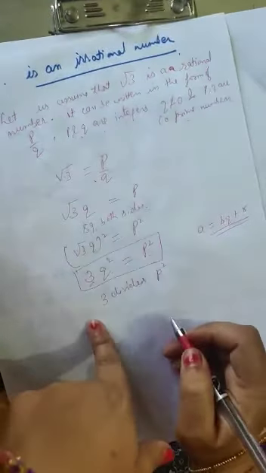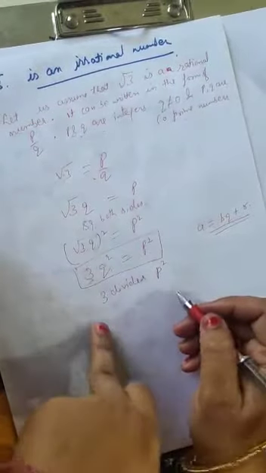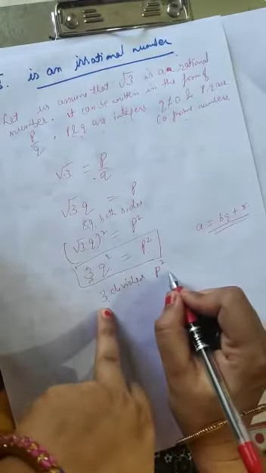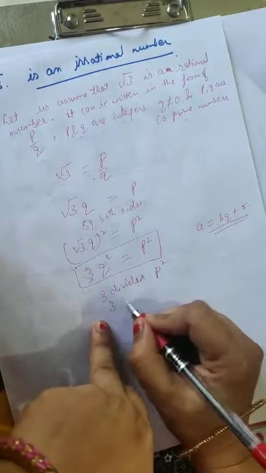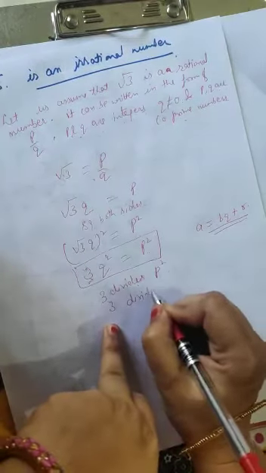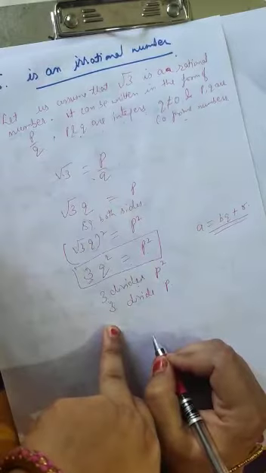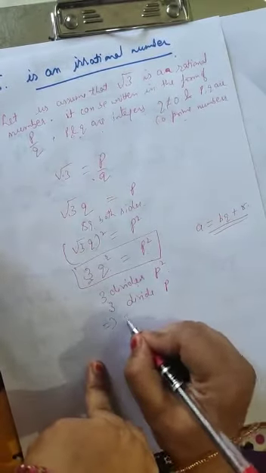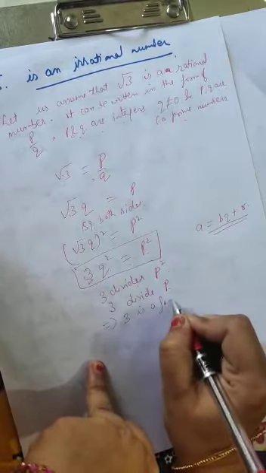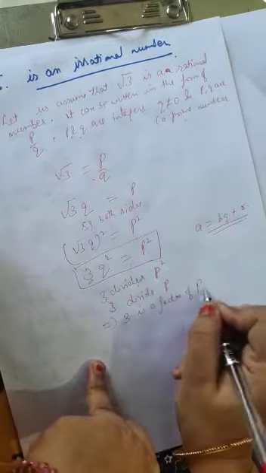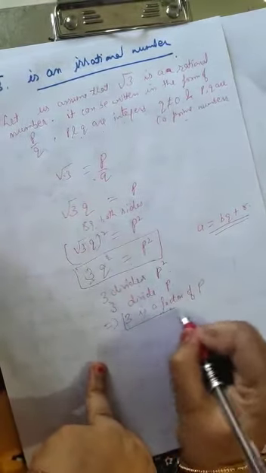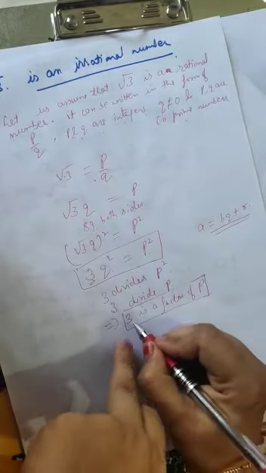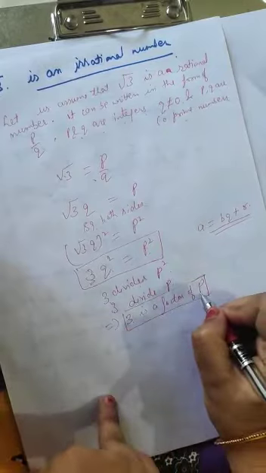Now जैसा कि हमने अभी थोड़ी देर पहले पढ़ा कि if a number divides p square, then 3 also divides p. 3 divides p. This implies 3 is a factor of p. We here prove that 3 is a factor of p.